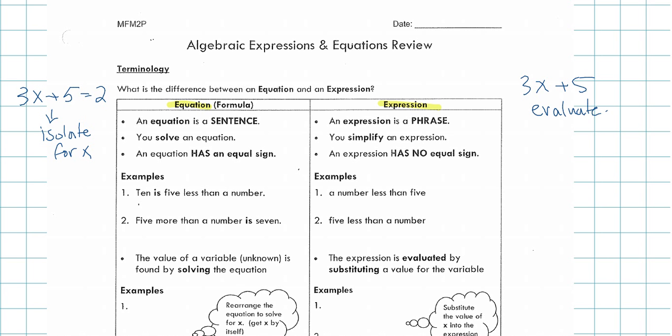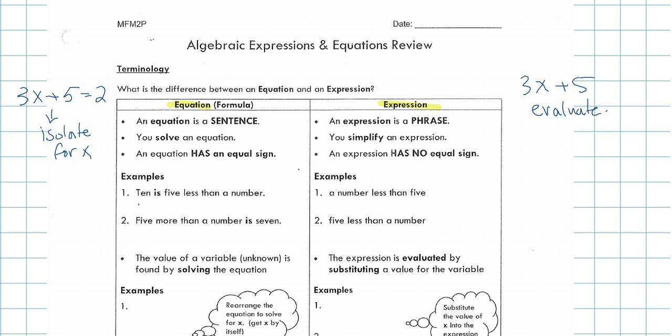So I can tell you if x equals 1, what is that expression equal to? I'm giving you a value for x, so you can plug in that value of x and then find the answer. If x equals 1, then 3 times 1 plus 5 is 8. If x equals 2, 3 times 2 plus 5, so that's 11.